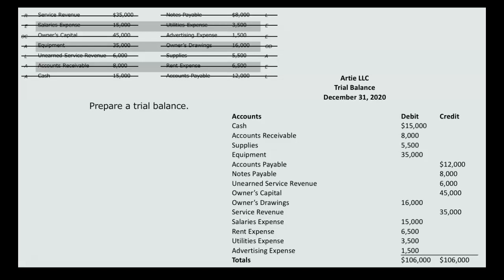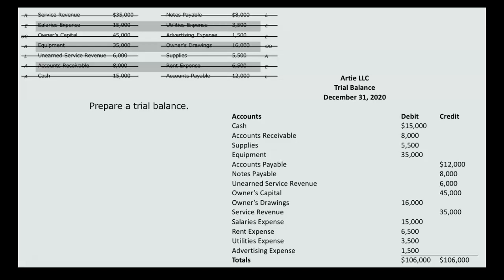Now, there are a few tricks that we'll talk about, just in case those don't equal. But if you are preparing a trial balance and your total debits equal your total credits, chances are you've done everything right. Now, there's still the opportunity of making a mistake somewhere and having your debits and credits equal.